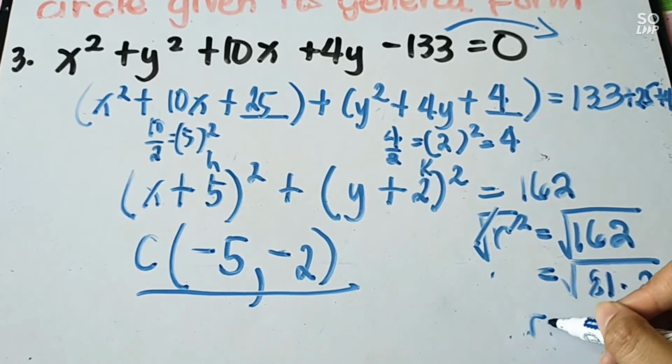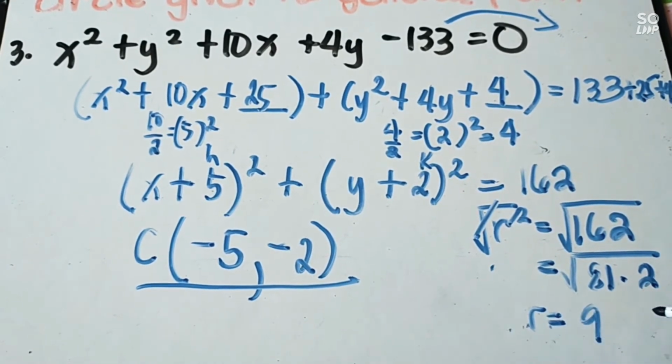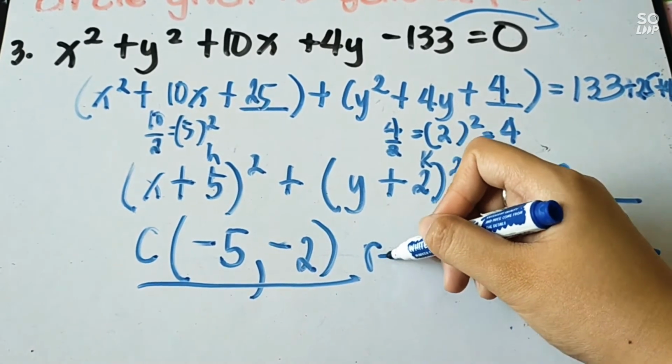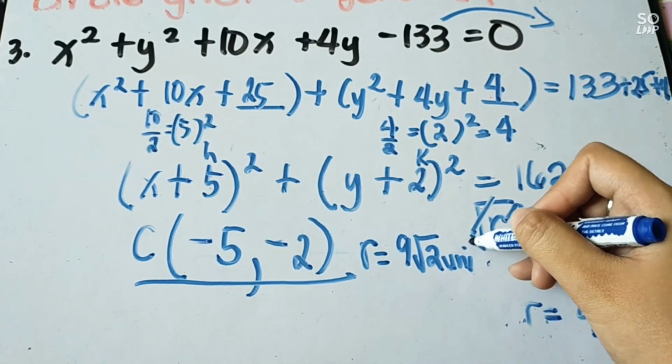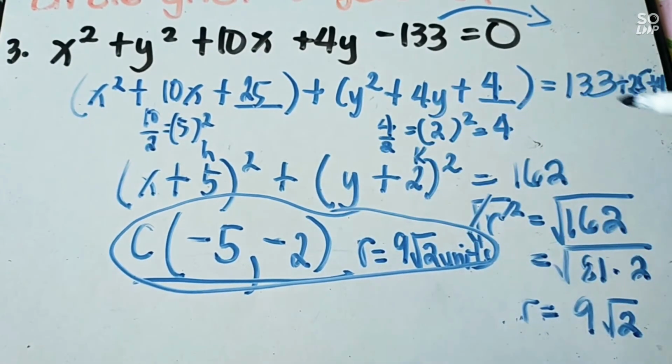So, therefore, your R is equal to, what is the square root of 81? The answer is 9. Then, just copy square root of 2. Therefore, your R here is 9 square root of 2 units. So, this is now your center and radius.